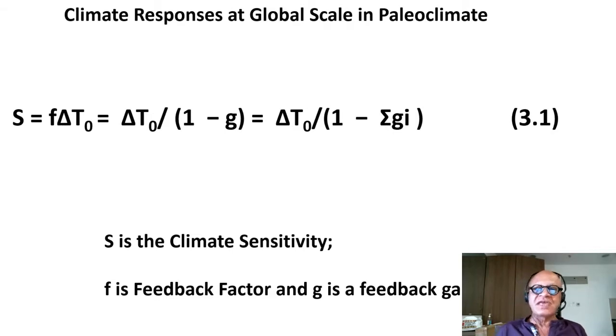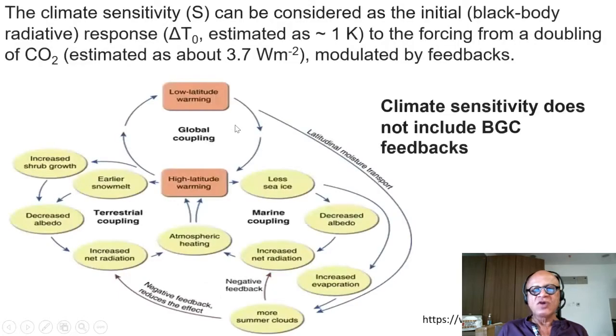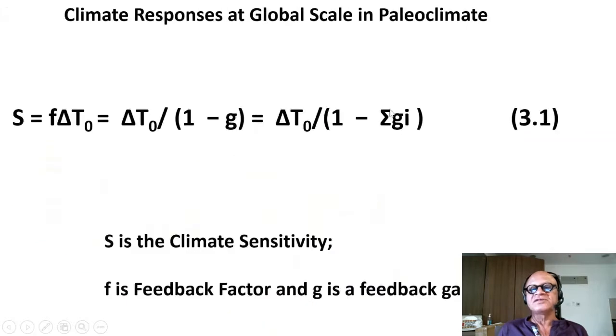So this is the same, and obviously if G is less than 1, you have a positive number here, and if G is greater than 1, you're going to have a negative number, and if G gets close to 1, you're going to have amplification by a lot, right? But G is not just one feedback, you have multiple feedbacks, so it's written as a sum of all those feedbacks we saw before.